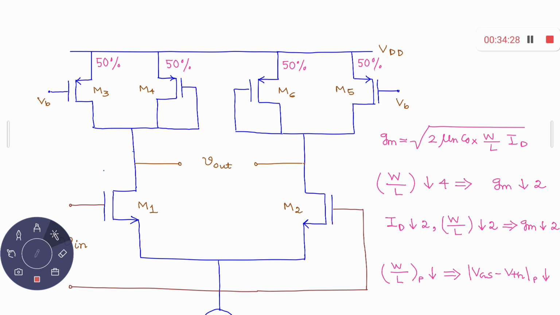Suppose this current is I1. Previously, this I1 was carried by M4 only. Now when you modify the circuit like this, 50% of I1 will be carried by M4 and the rest 50% will be carried by M3.